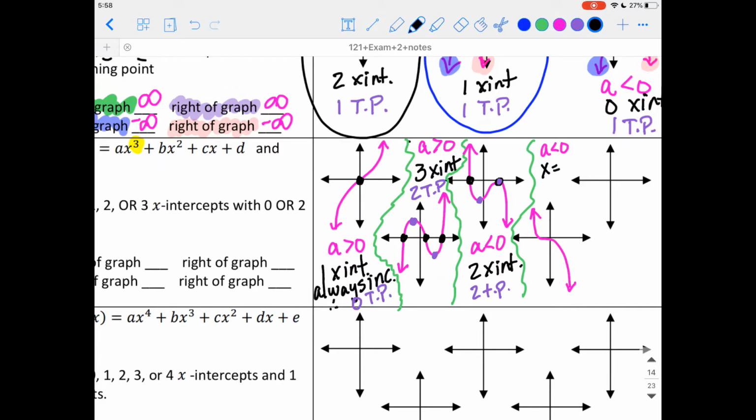My x-intercept is 1. So I have 1 x-intercept. And I have 0 turning points as well, just like the first one. The first kid, 0 turning points. This thing is always decreasing.